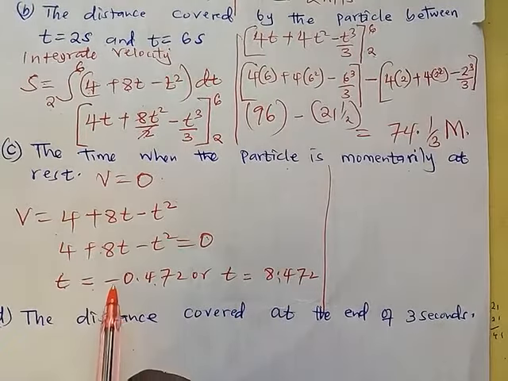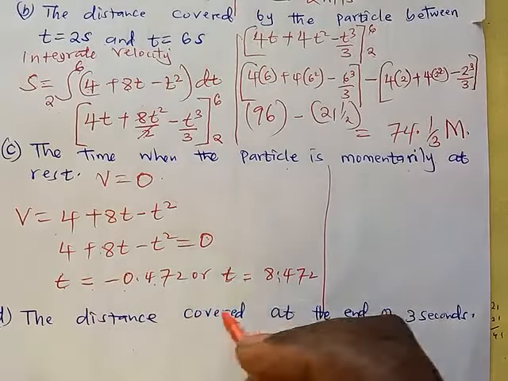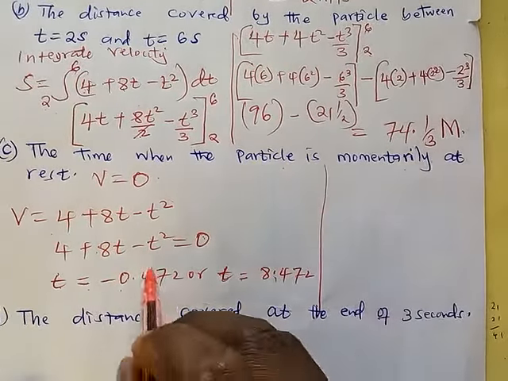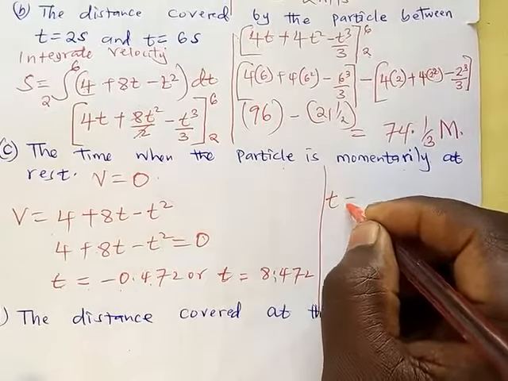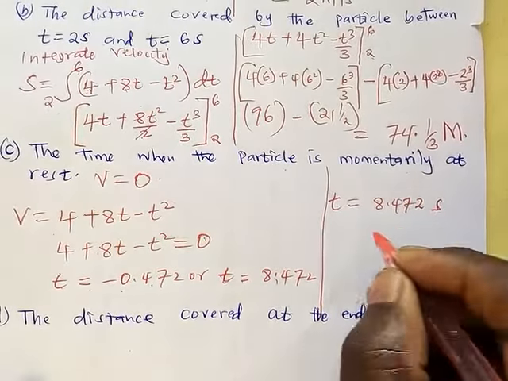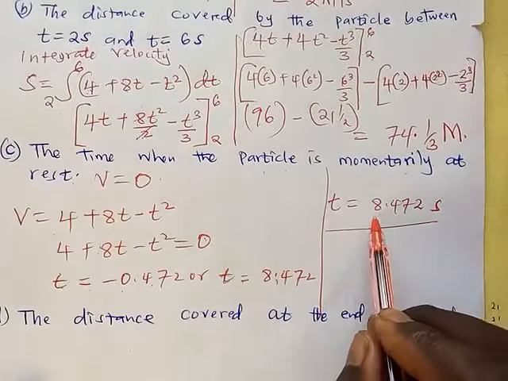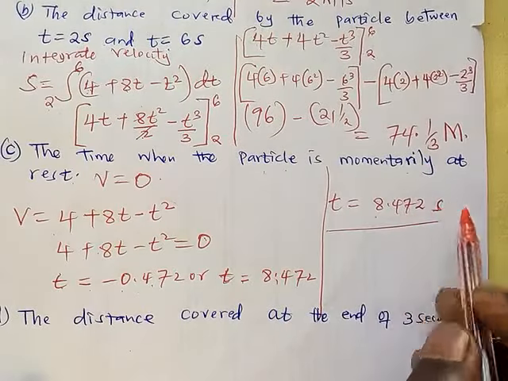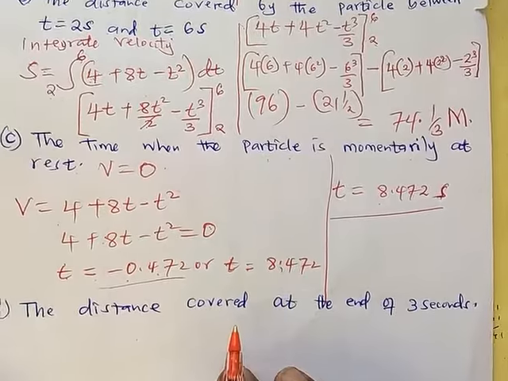Now we have time to be negative and another time which is positive. Time cannot be negative, therefore you ignore the value with negative. That tells you that the required time equal to 8.472 seconds. So the time when the particle is momentarily at rest is 8.472 seconds. Ignore the negative because time cannot be negative.